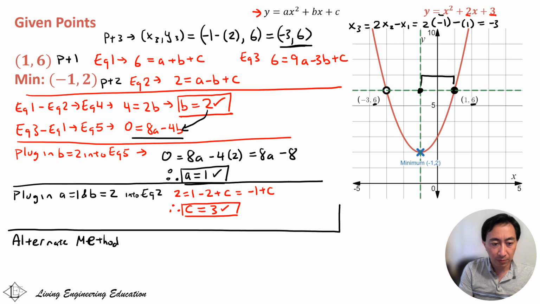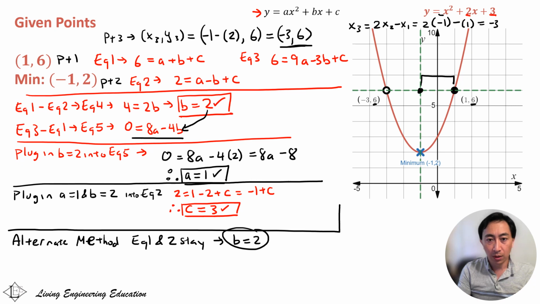Alternate method: equation 1 and 2 stay. So we can still get equation 4, which gives us b equals 2. That's still okay, except we're not going to use equation 3, at least not in this form.